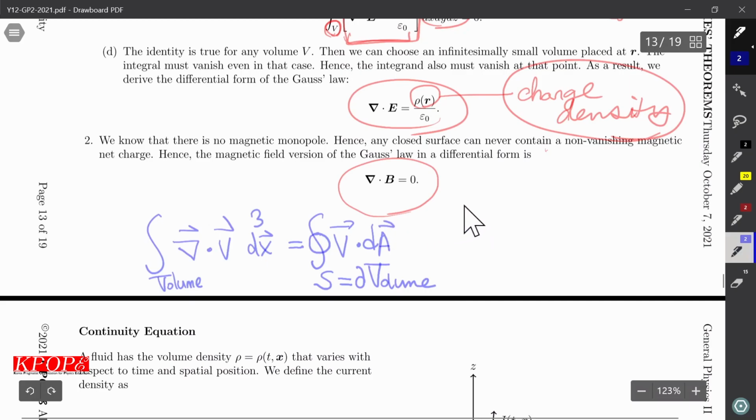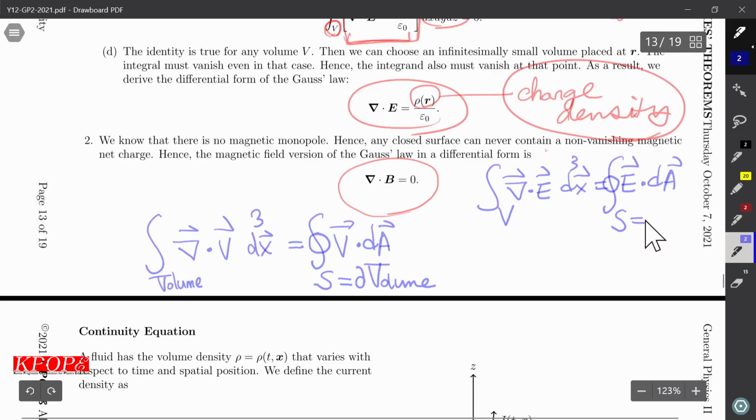And because of this, the divergence of the electric field over the volume was expressed as a scalar product with the area vector over the surface, and the surface is closed, and the surface is the boundary of that volume.